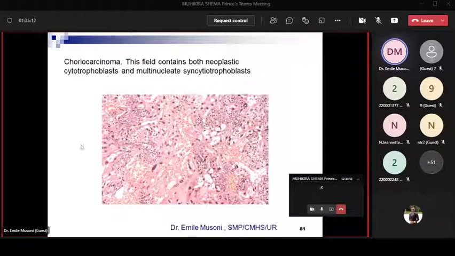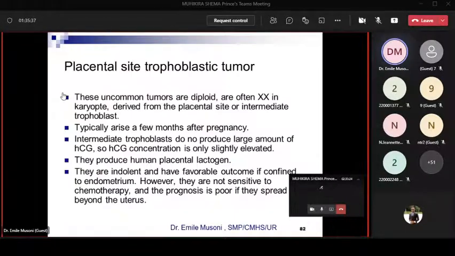This is an image of the choriocarcinoma. You see the blood vessels, you see the malignant cells, but you don't see the normal chorionic villi. So they contain neoplastic cytotrophoblastic and syncytiotrophoblastic cells without villi. So this is what we call choriocarcinoma.